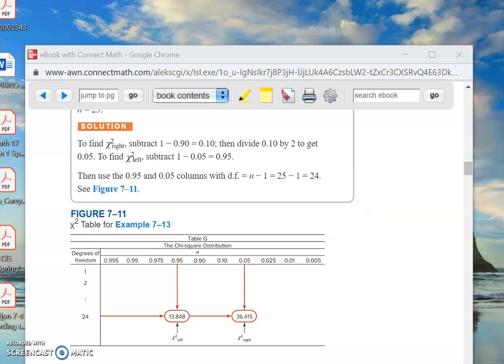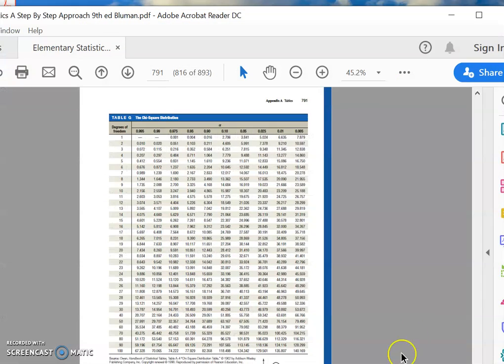Let's take a look. Give me 1 second here. Okay, so 0.05, otherwise known as 5%, is half of the error budget. So I want this area over here of 0.05.